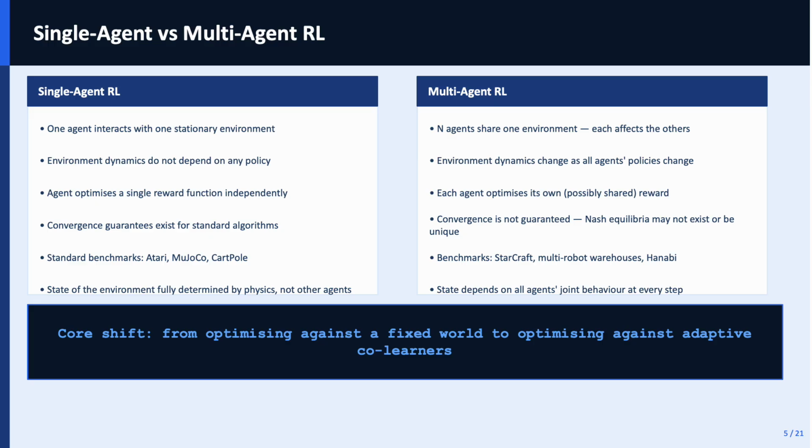And the agent's task is to find the best policy given those fixed rules. In multi-agent reinforcement learning, the effective transition rules that any one agent experiences change continuously as the other agents update their policies, which means the optimization target keeps moving throughout training.